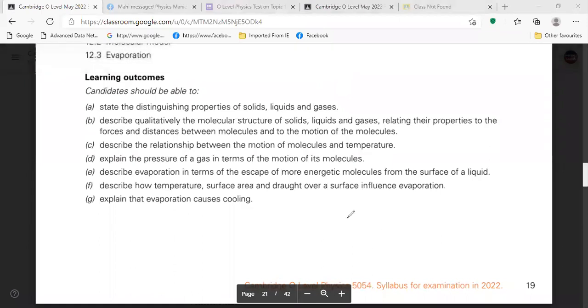You see, we write here the heading: pressure and motion of molecules. This heading you give.